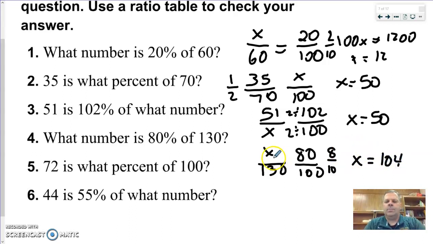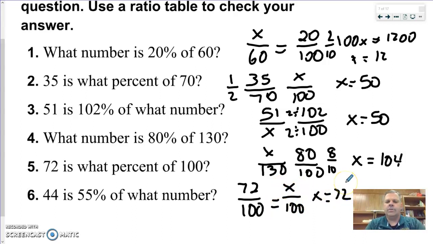Again, any of these variables could be different, so this could be w, x, a, whatever you want. Number 5, 72 is, so 72 goes on top. Of 100 is what percent? I don't know, out of 100. Again, this one's pretty simple, so x equals 72.